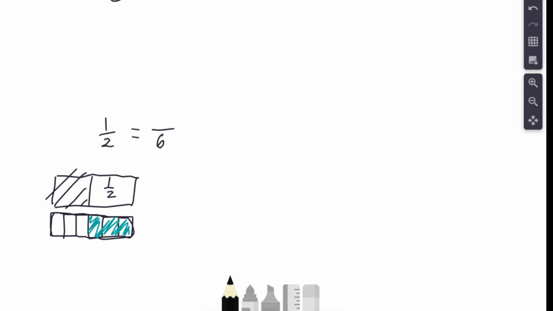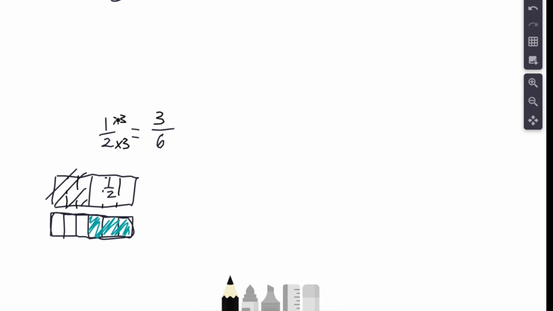So what have we done to this half? We have actually cut half into 3 smaller pieces. Okay, so if we were to cut half into 3 smaller pieces, the other half over here will also have to be cut into 3 smaller pieces in order to find the equivalent. So to get from 2 to 6, we can take 2 times 3 equals 6, and 1 times 3 equals 3.